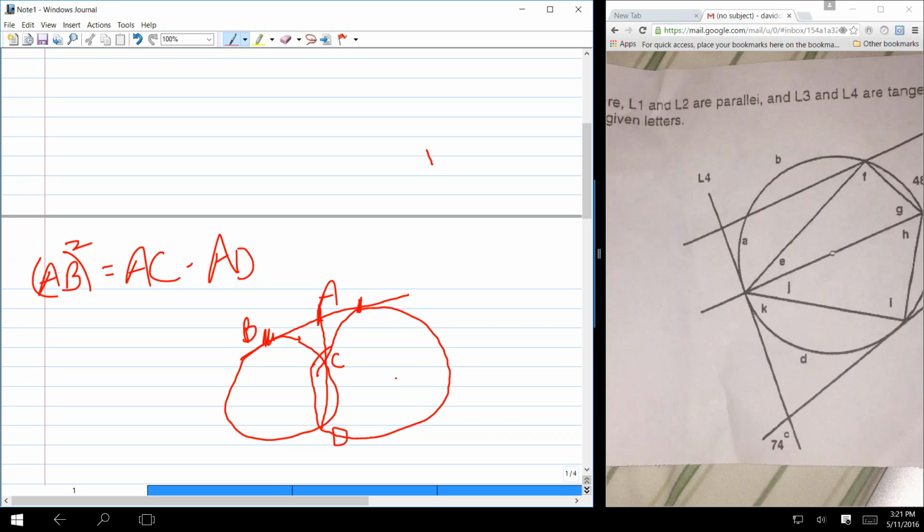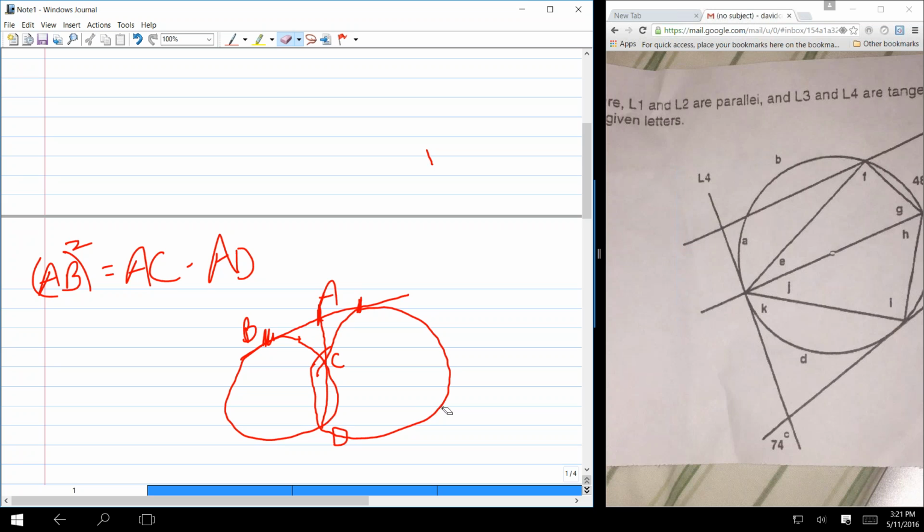Let me show you what I mean by that. When I first drew it, I had eliminated this circle, right? So the only thing we were looking at was the tangent line AB and the secant line AD. And CD is that chord that is common between both of them.